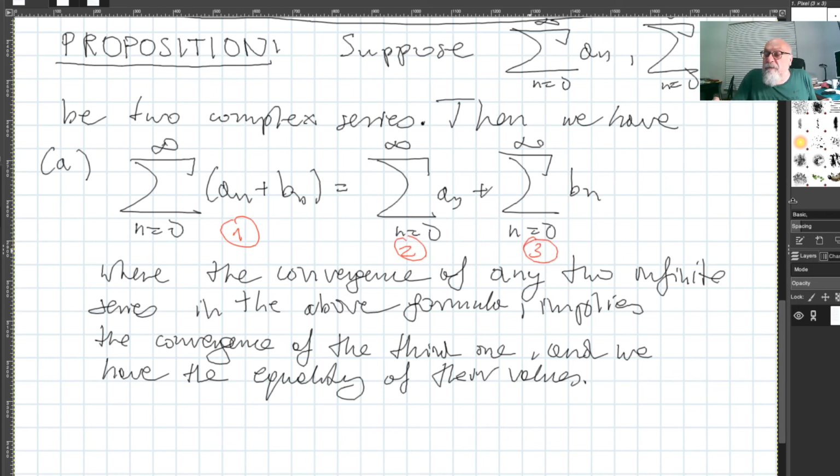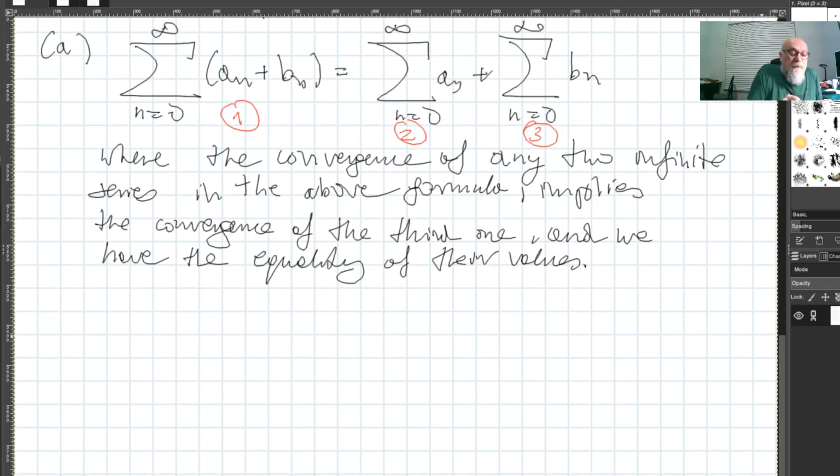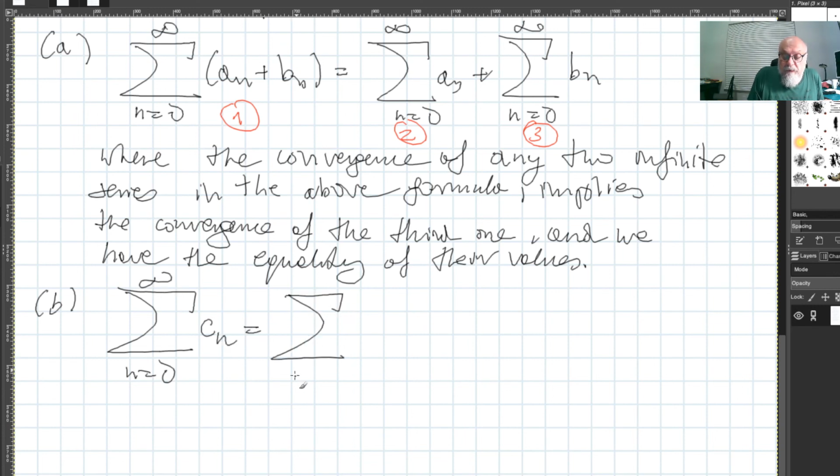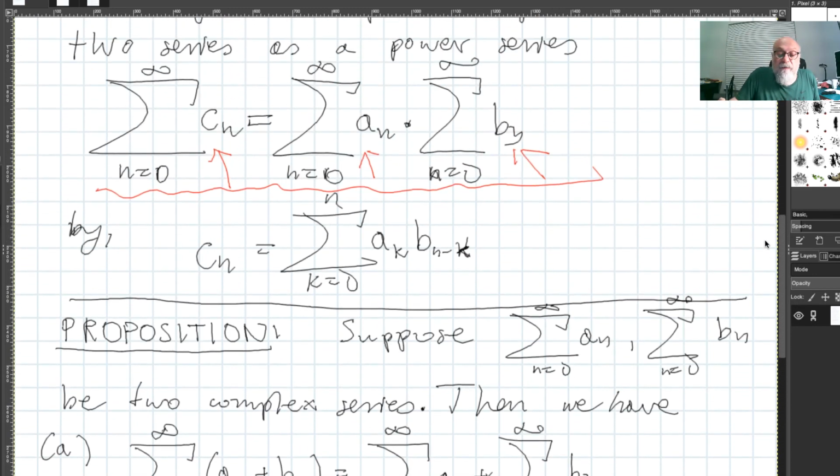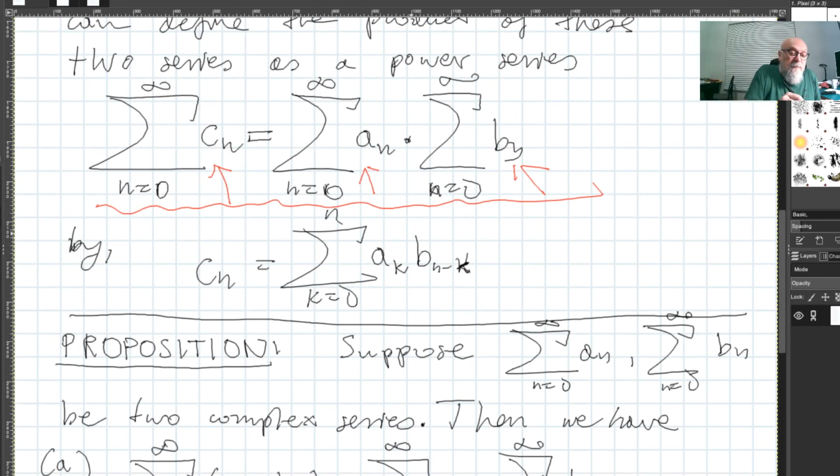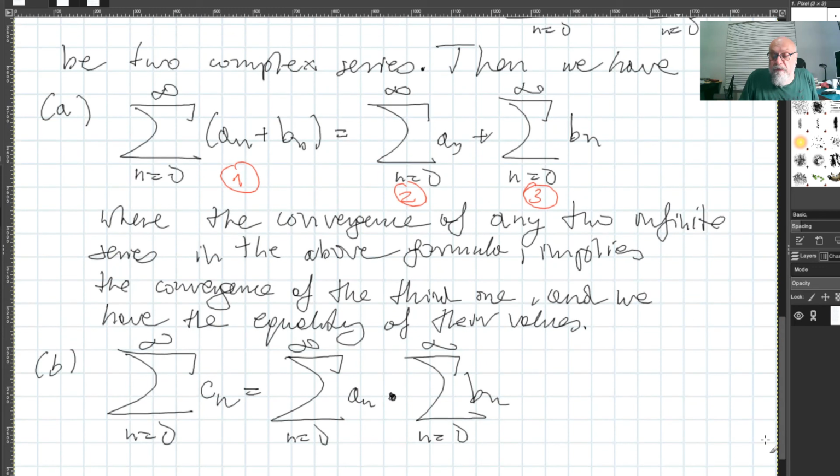Similarly, we should write it again for the product. I put here the sum from 0 to infinity of an, the sum from 0 to infinity of bn, and now the sum of Cn, but this time taking the product. Cn is exactly the formula that was given here, call it double star.